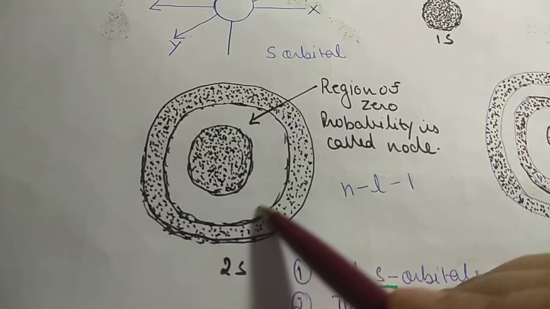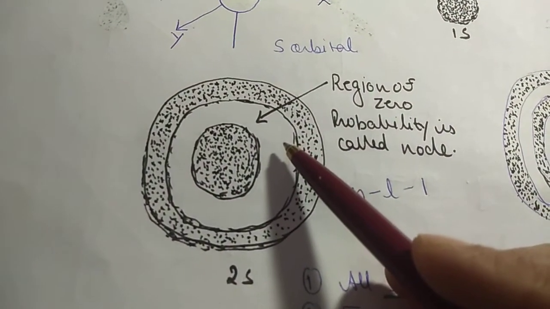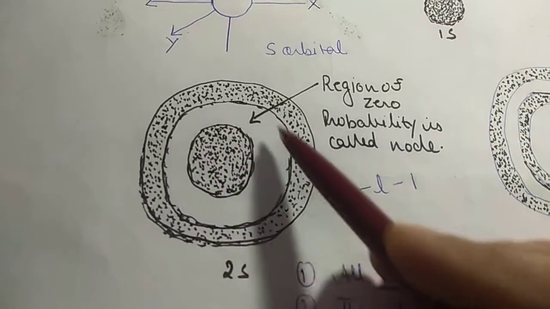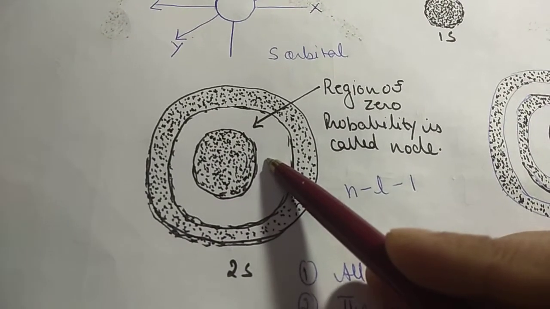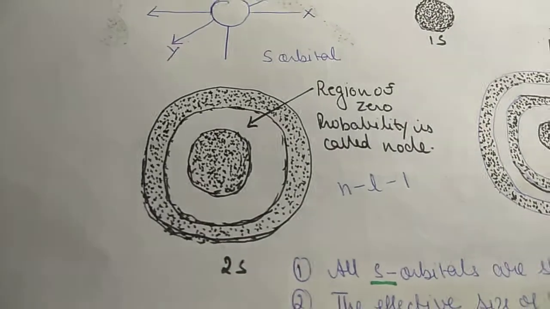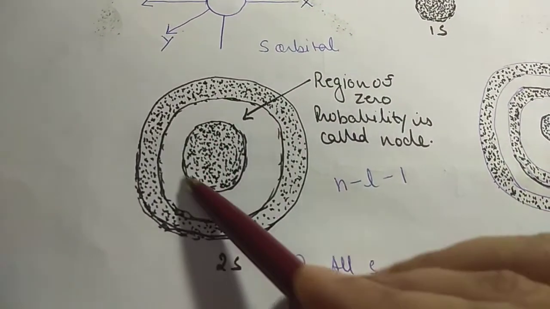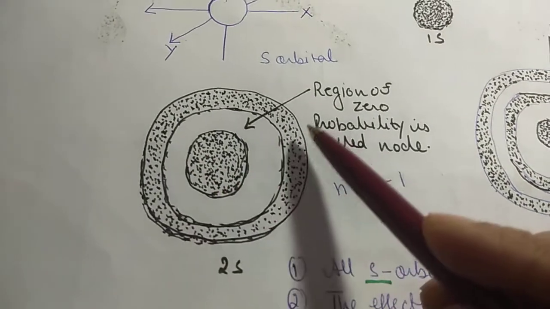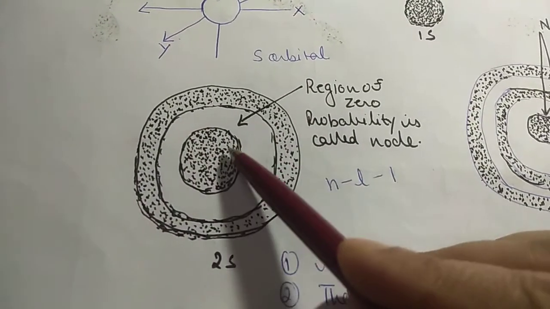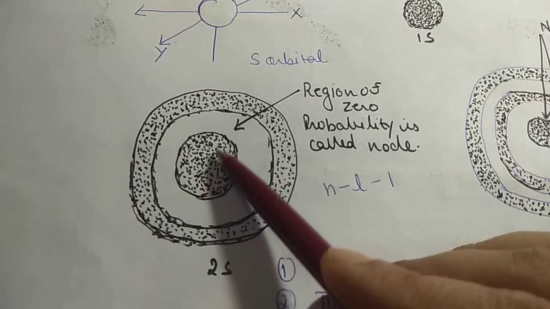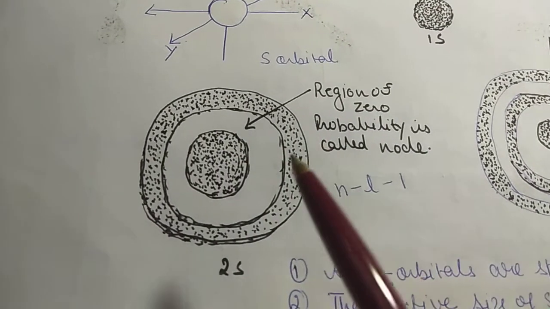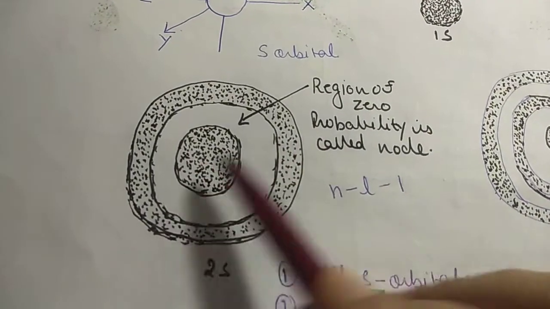And this region represents region of zero probability, and this is called a node. Sorry, this region will not have any node, the probability of finding electron will be 0 in this region. And these two regions represent the region where the probability of finding the electron is maximum.